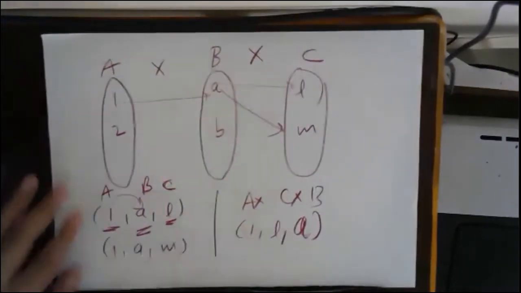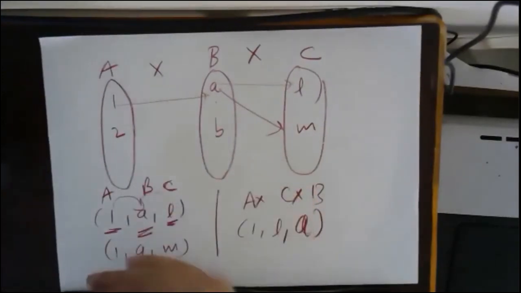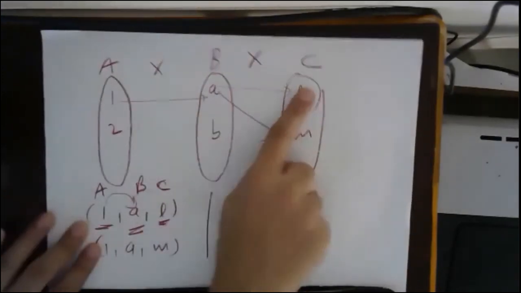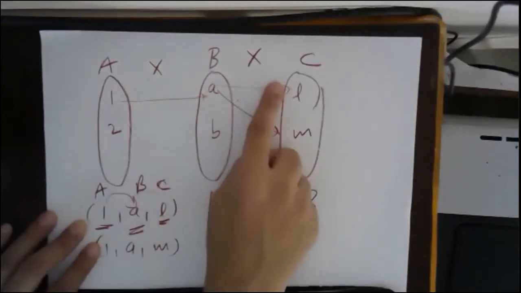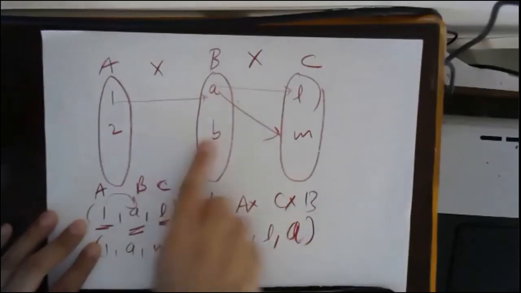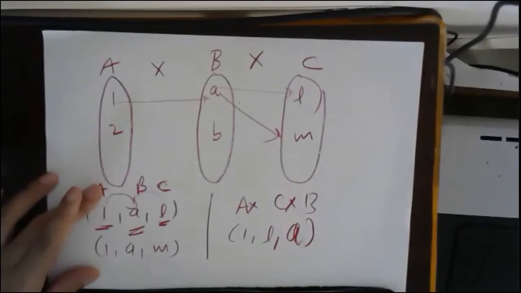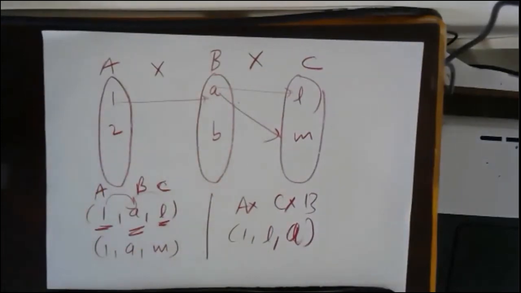I don't want to write all the elements. That's why I have just written 2. Don't think that it will only have these 2. It will have everything: 1AL, 1AM, 1BL, 1BM, 2AL, 2AM, 2BL, 2BM. All the elements. It is not just these 2. It will have the remaining portion. Fine. Understood this part?